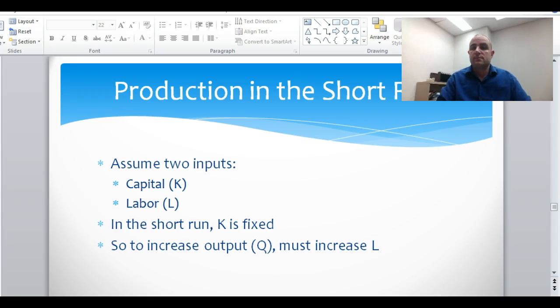So, because capital is fixed in the short run, if you want to produce more output, you have to increase your labor amounts. If the capital you have can only produce so much, and you want to do more, you've got to bring in more labor. So you're really bounded by the amount of labor that you hire.